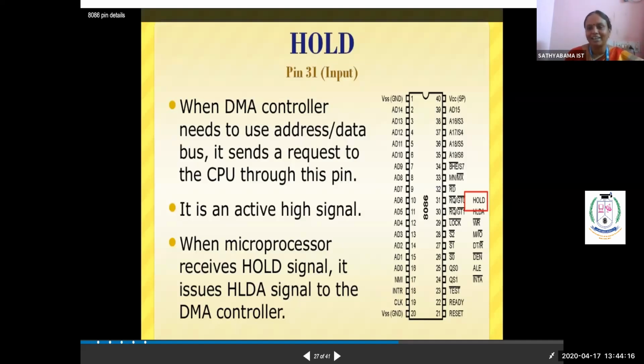To avoid that, they bypass this high speed processor, and the communication happens between memory and the DMA controller. That's why the DMA controller requests to use the address and data bus of the CPU through the hold pin.